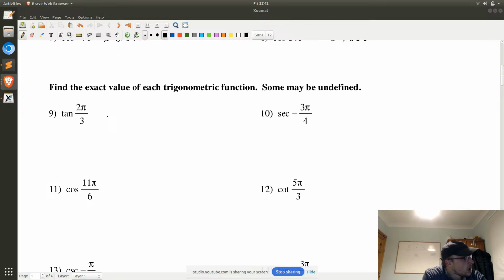Okay, so I convert them to degrees. 2 pi over 3 would be 120 degrees. At 90, it goes up, and then it wraps back around, so 120 degrees.